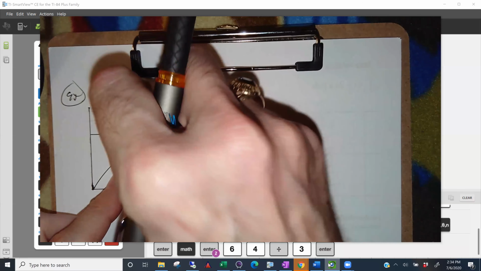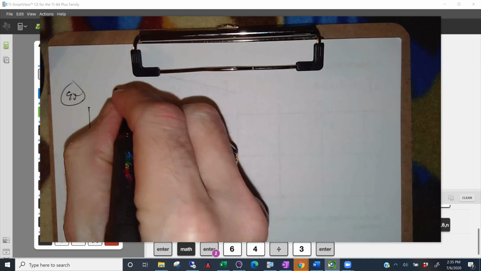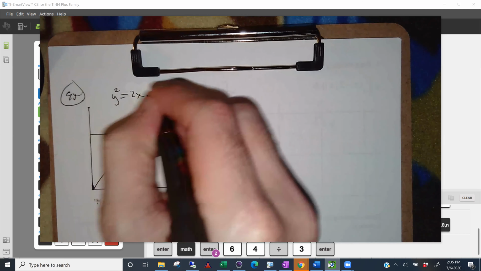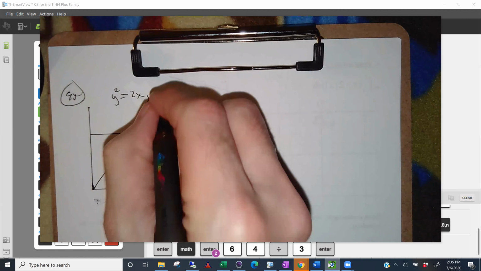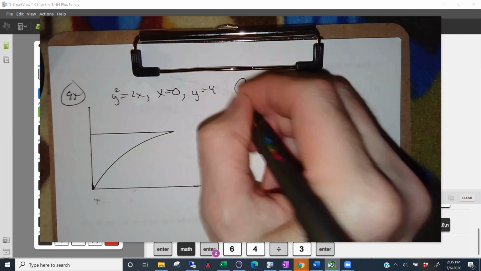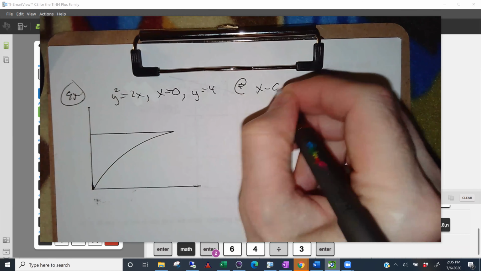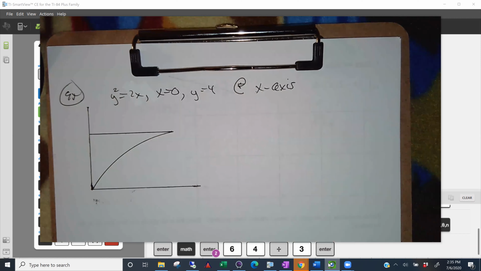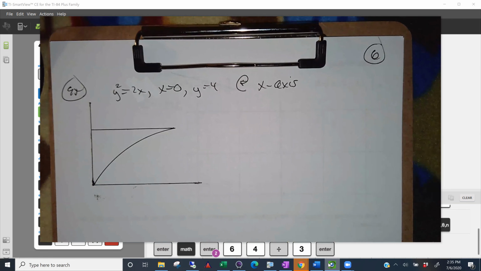Let's just clean this up a little bit. There we go. Y squared equals 2x, x equals 0, y equals 4. Except this time we're going to rotate around the x-axis. And that's going to make a big difference. Let's see if we can figure out what difference that's going to make.